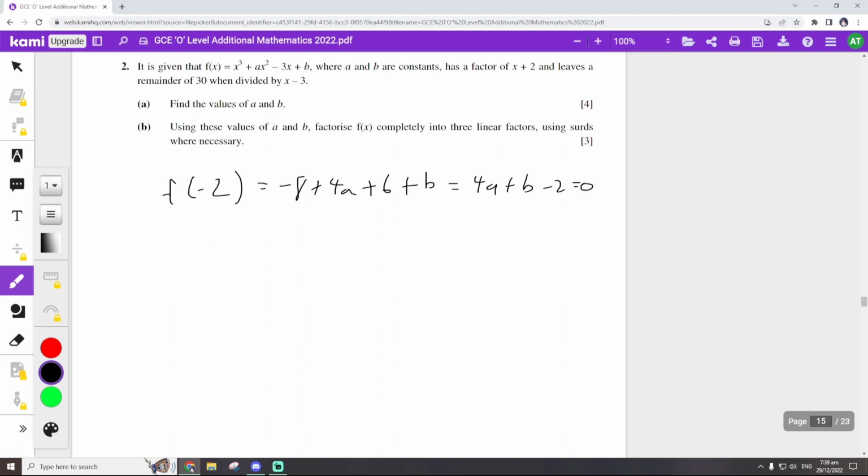because it's a factor. And if it gets a remainder of 30 when I divide by x minus 3, I can put in f of 3. I get 27 plus 9a minus 9 plus b, which is 9a plus b plus 18, and this is 30, right? And then I can proceed to solve these two simultaneous equations.